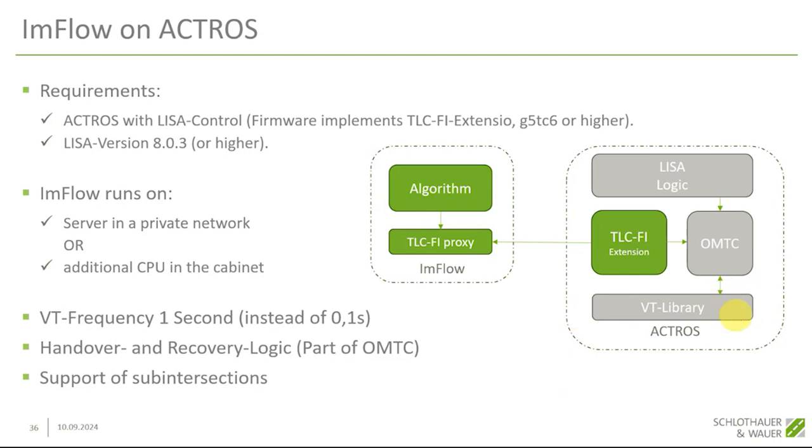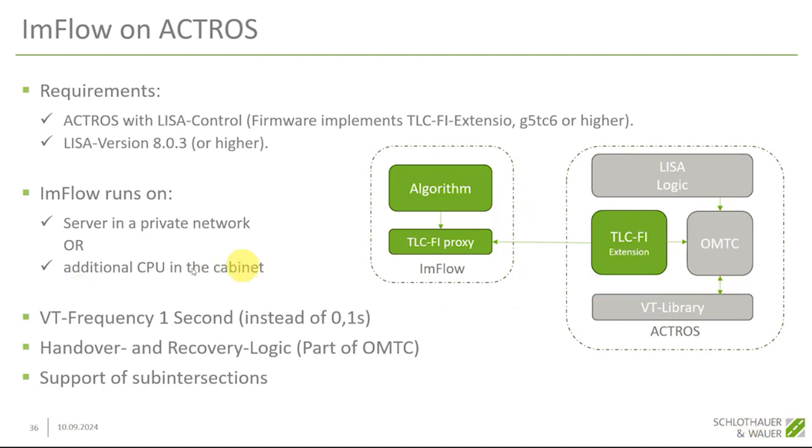You can even have a Lisa control and Lisa-based fixed time programs in your planning, and then you have a certain plan that is marked as a TLCFI program, and this will start the TLCFI extension, and then the controller will be waiting for commands from the TLCFI proxy. What the controller does in this configuration is basically the safety part, minimum green times, inter green times, and stuff like that, and the rest is handled via this interface.